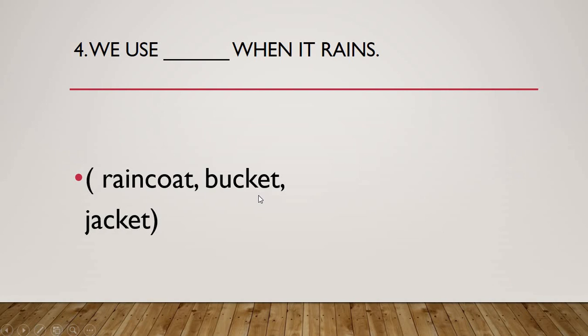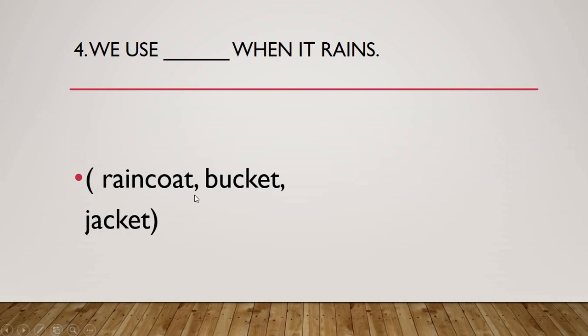See, a bucket is a kind of container you use to collect something. So bucket is not the correct option. Then jacket you generally use not to protect yourself from the rain, but to protect yourself from the cold. So obviously jacket is one option, but it does not fit here.